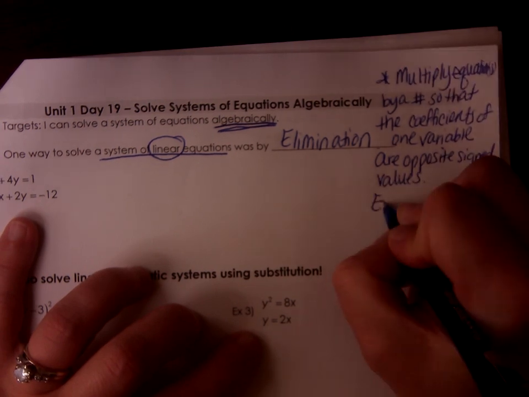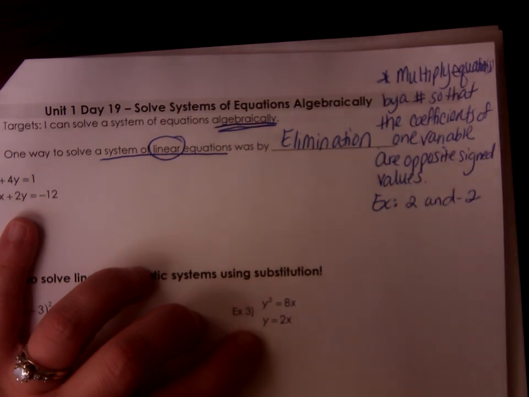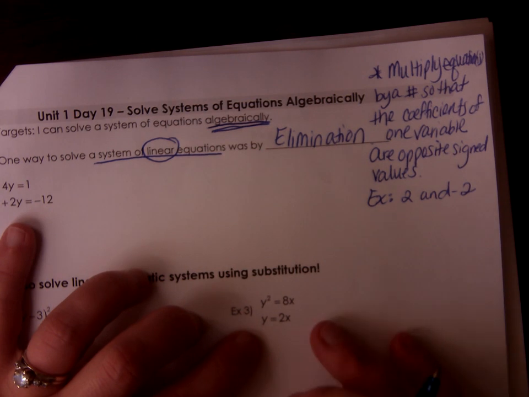For example, 2 and negative 2 are two numbers that are opposite signed.